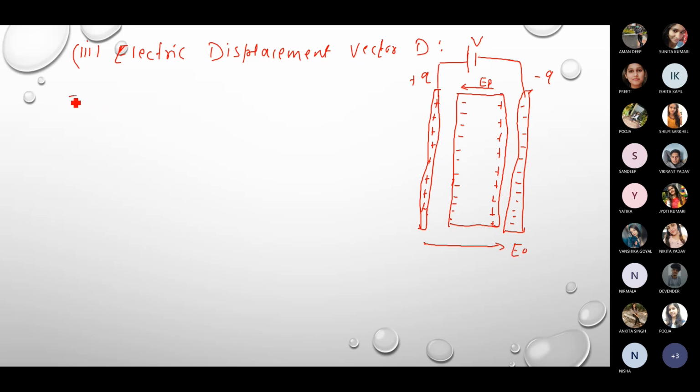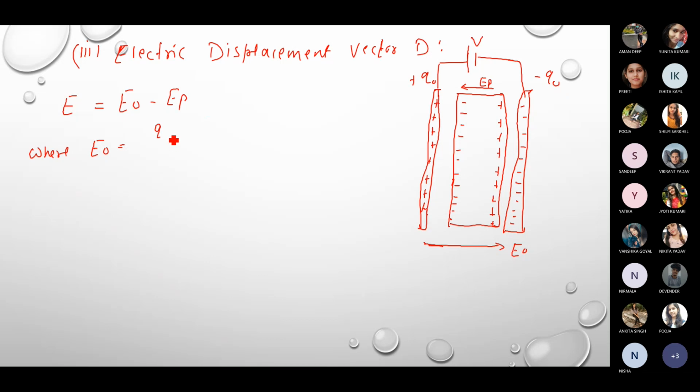So the net electric field will be equal to what? The applied electric field E naught and minus EP, minus because this is in the opposite direction. So E is equal to E naught minus EP, where E naught is equal to what? Q naught, you can say this is Q naught, okay?